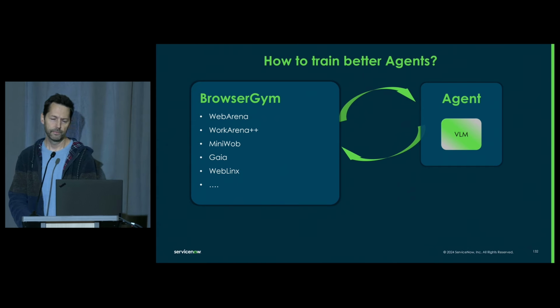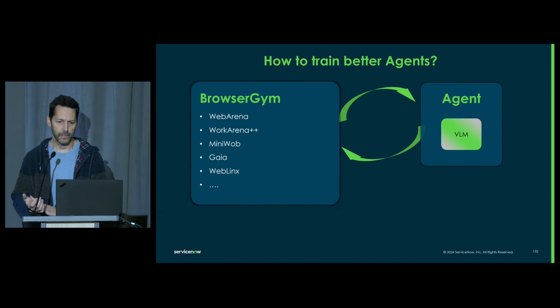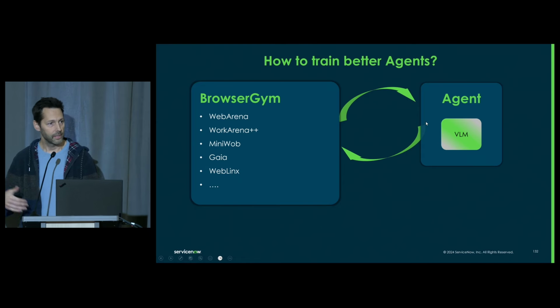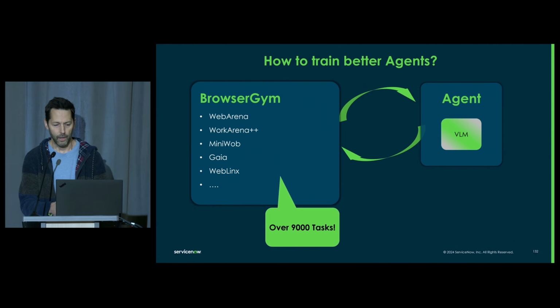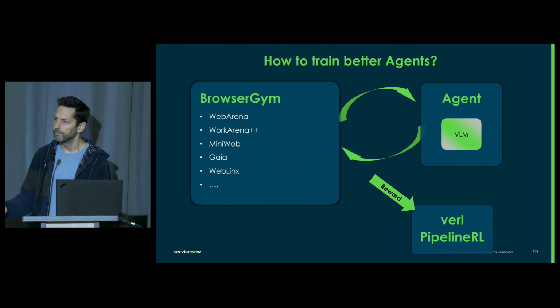So now that we talked about the design of your agent, the context engineering, maybe we can start thinking about fine-tuning your VLMs. We can take the agent and send it into the environments and gather a lot of information that's going to be useful. We have over 9,000 tasks that we can use in BrowserGym, and that gives you an interesting reward signal that you can leverage in a reinforcement learning framework like VRL or PipelineRL.